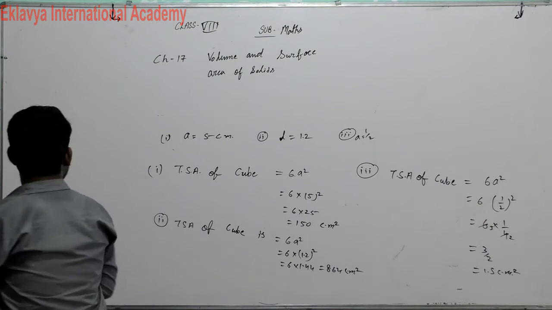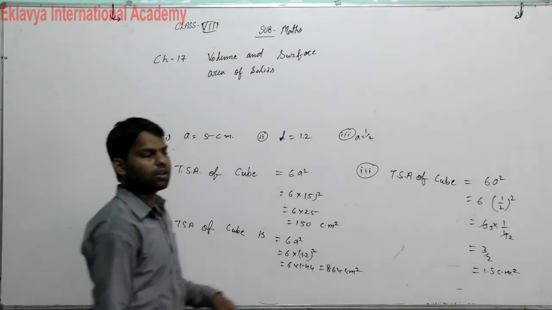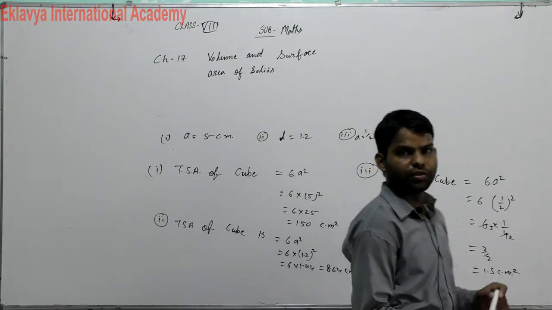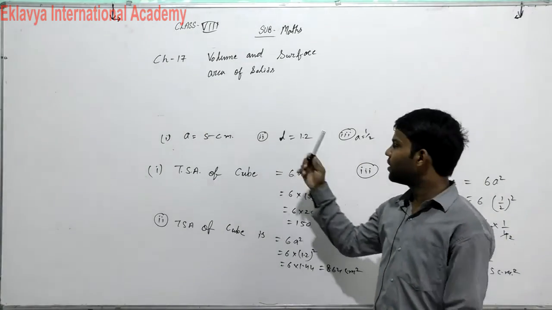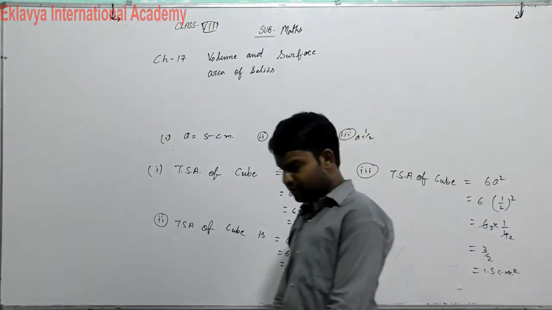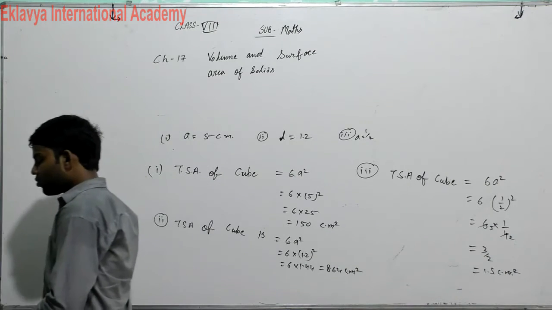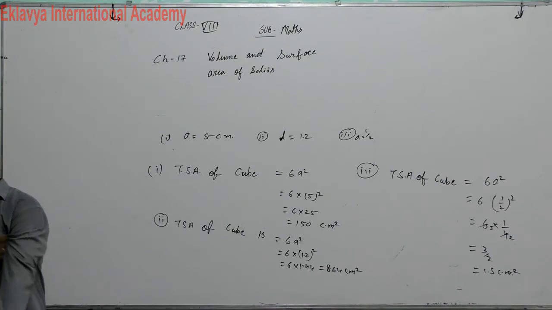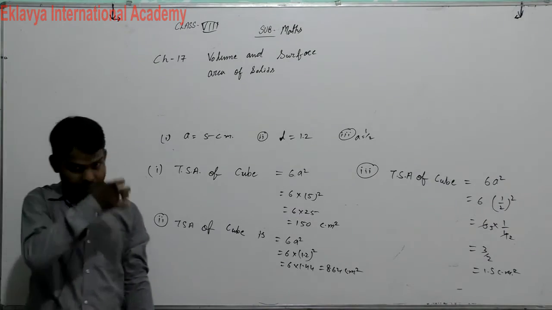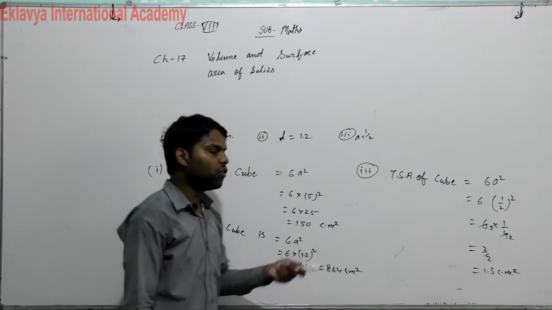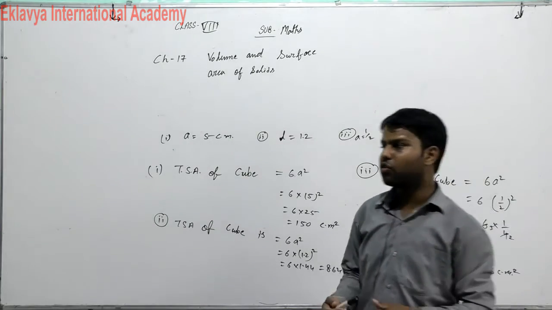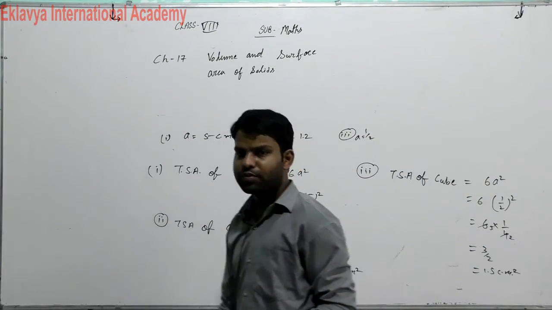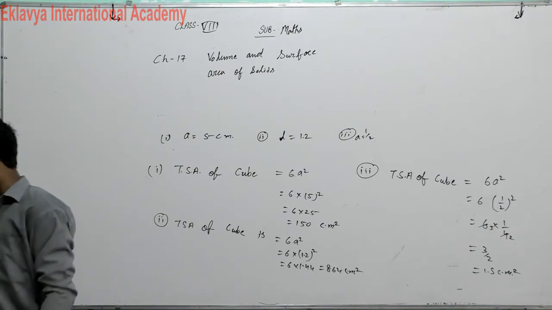So using these three methods we can find out TSA of cube. Why? Because sides are given in simple number, decimal or fractions. Different types of sides are given, then we can calculate TSA of cube.